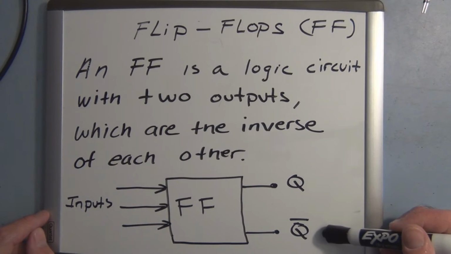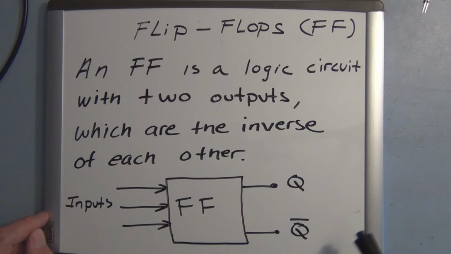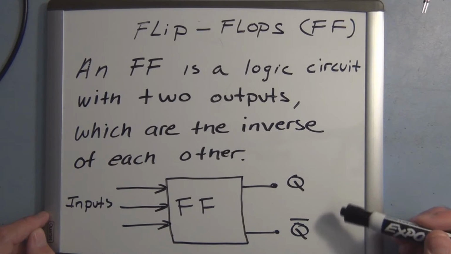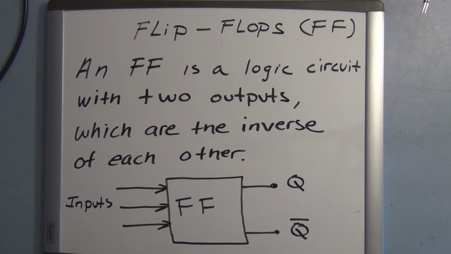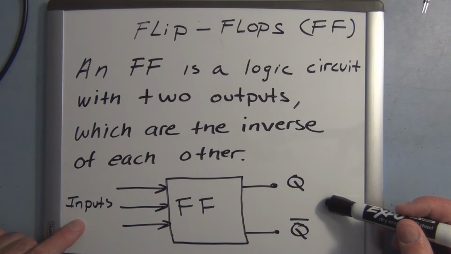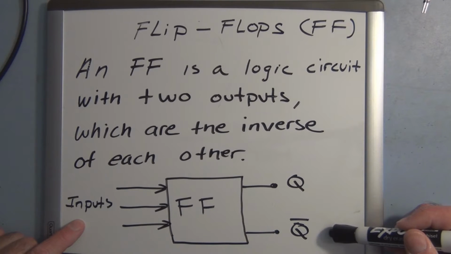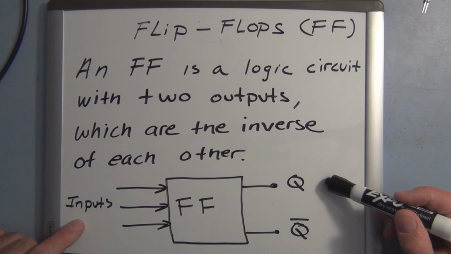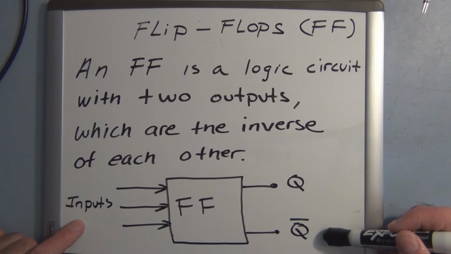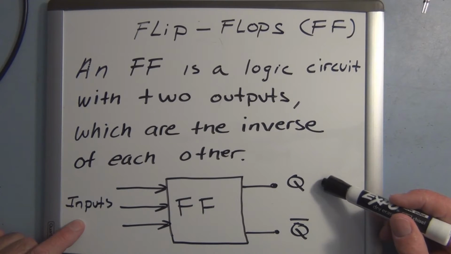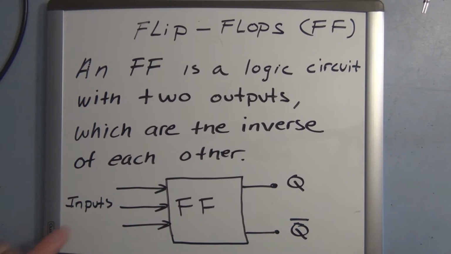It could be X, X naught. But standard notation usually says Q and Q naught. So the FF is going to have multiple inputs, but its outputs are going to be Q and Q naught, and they're always the inverse of each other. So if Q is a 1, Q naught will be 0, and if Q is 0, Q naught will be a 1.